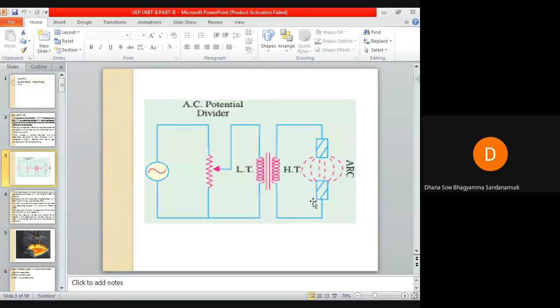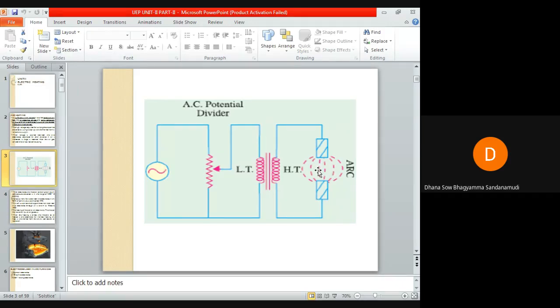So, the heating of matter by an electric arc. If I want to heat any substance by this arc, because it produces enormous heat, I can use that heat for heating some substance.